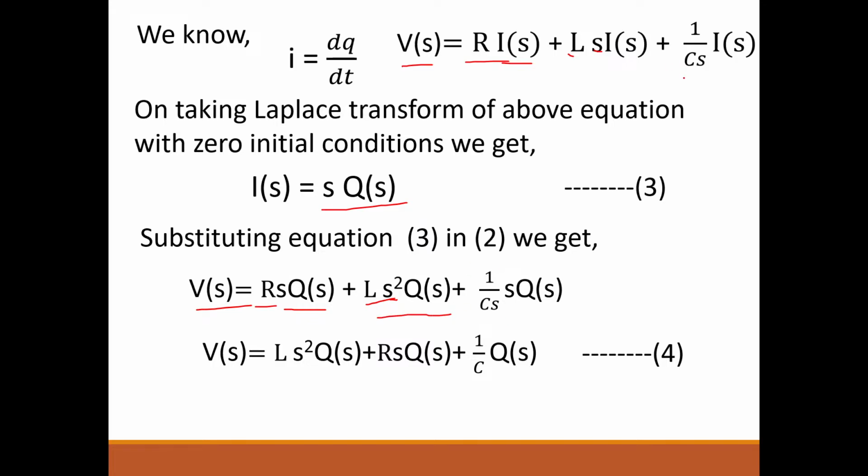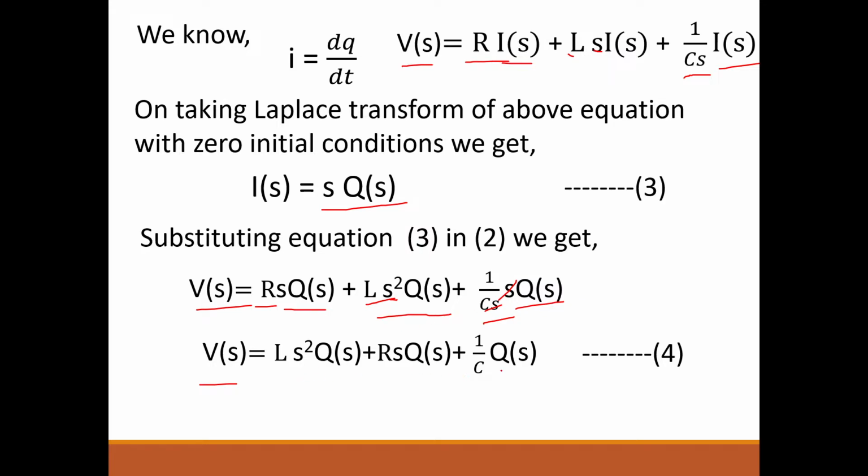Plus 1 by C S is there, write 1 by C S as it is, and instead of I of s, write S Q of s. Here S is in the denominator and S is in the numerator, so S and S will cancel. What is left over is V of s is equal to R S Q of s plus L S square Q of s plus 1 by C Q of s.